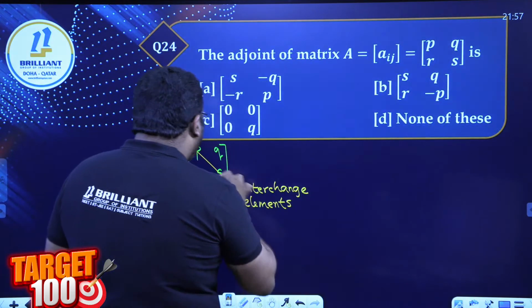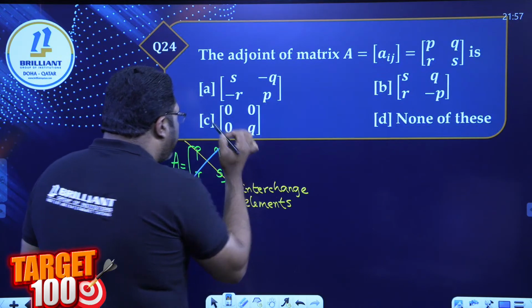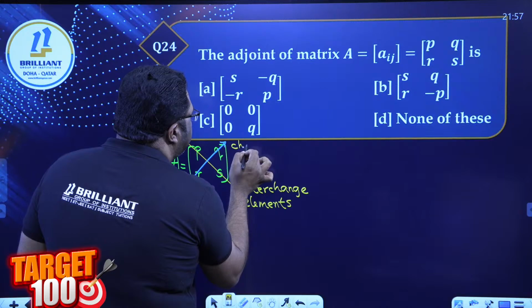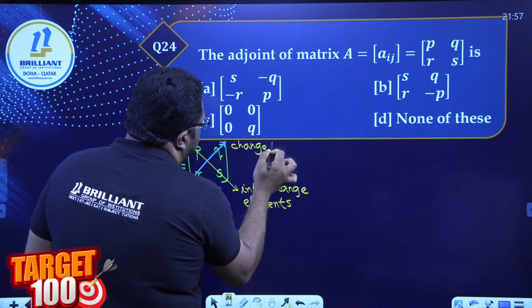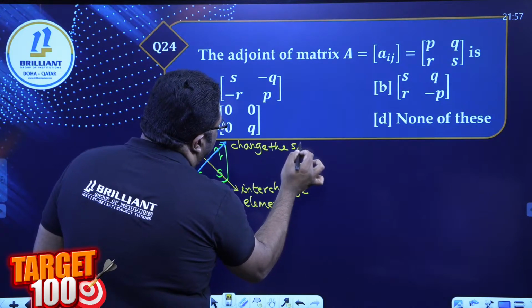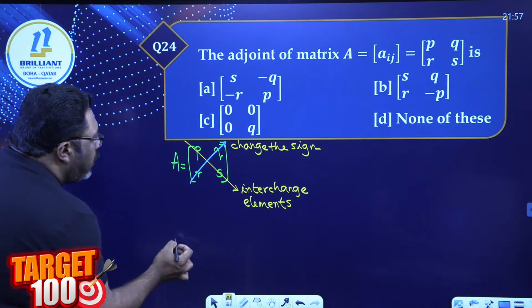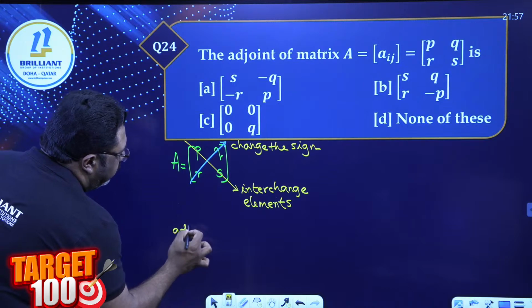Now consider this diagonal RQ. Here you have to change the sign. Don't interchange, only change the sign. Then what is going to be the adjoint of A?